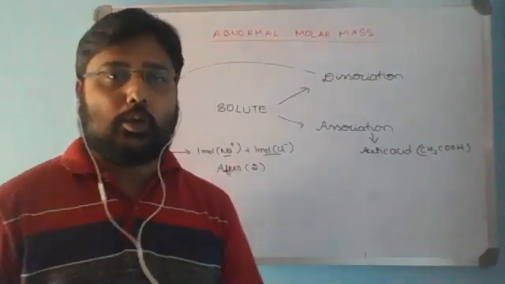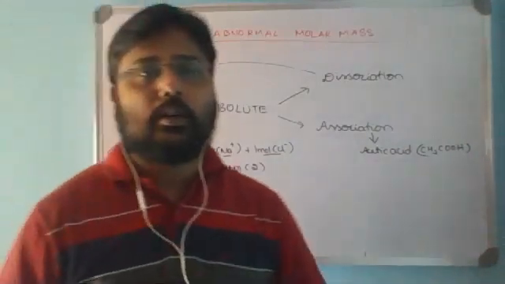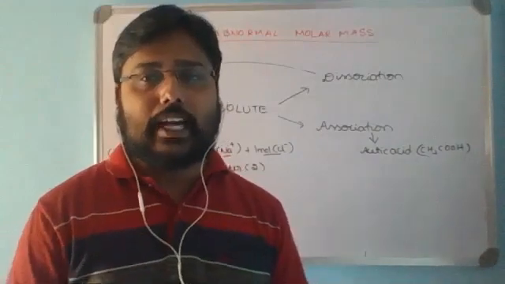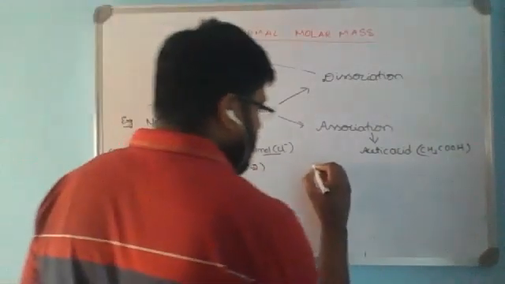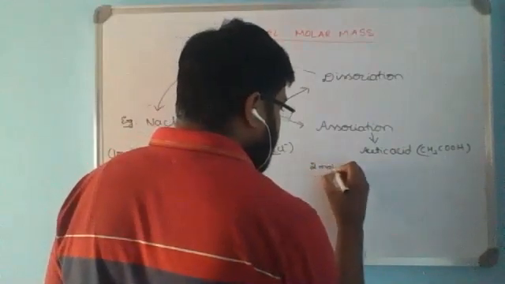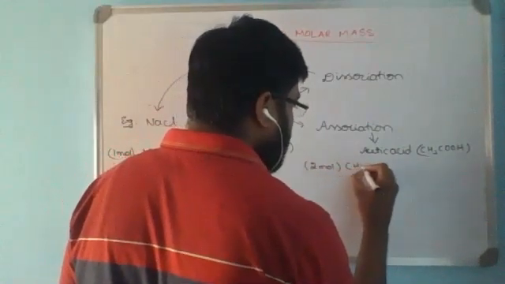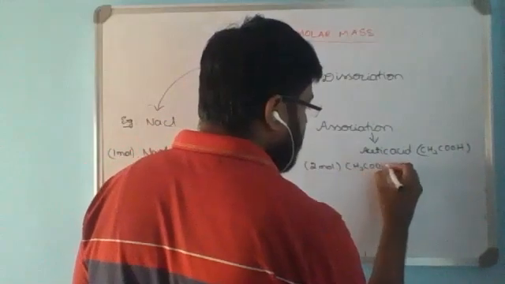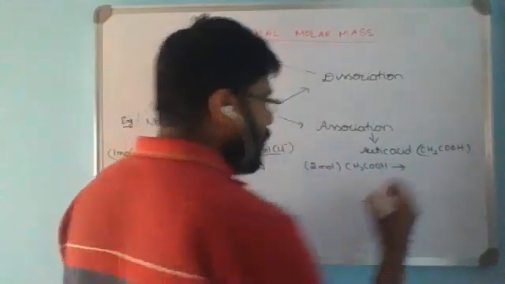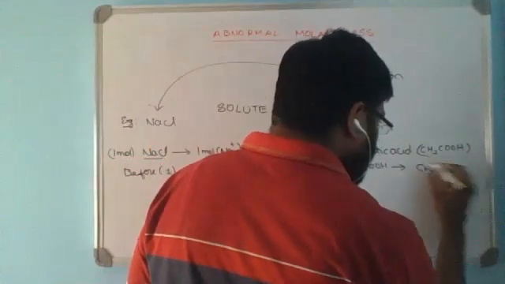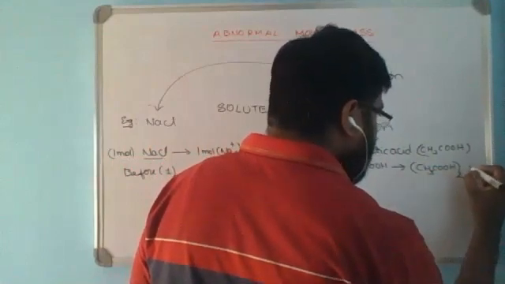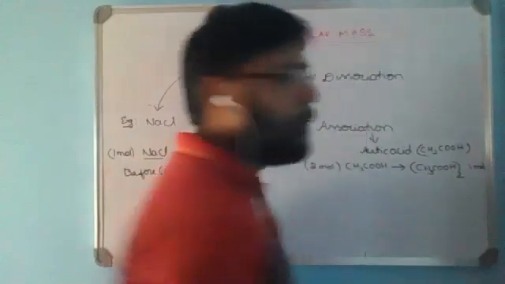That is, 2 moles of acetic acid will undergo association in the form of a dimer to become 1 particle in the solution. So if you take 2 moles of acetic acid, CH3COOH, and add into the solution, the 2 moles, due to the formation of a dimer, will become 1 mole of particles.